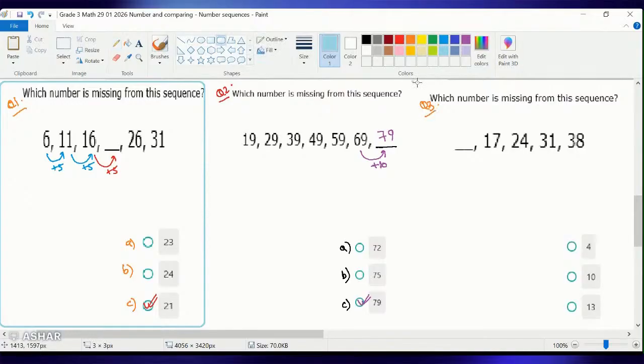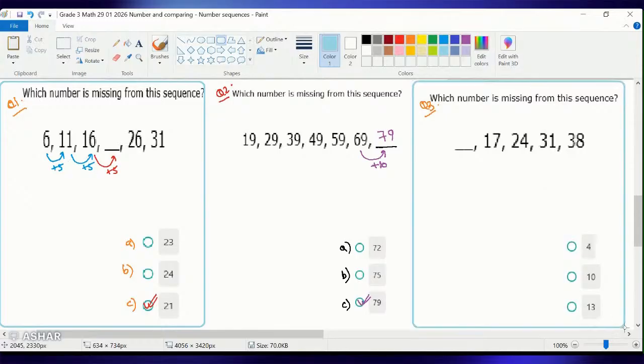So which option should be correct? A, B, or C? Rebecca, what should be the answer? Yes, thank you. 79 is the correct answer for question number 2.